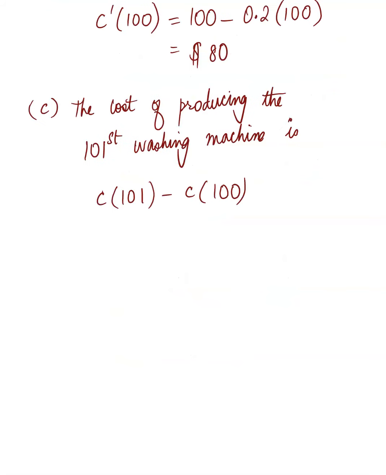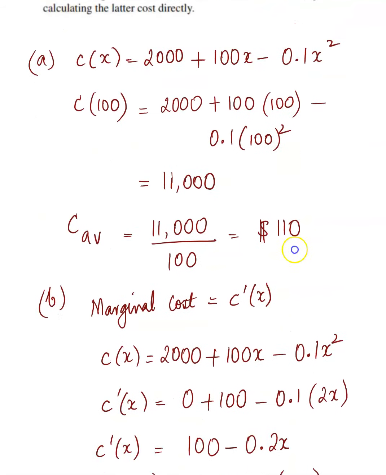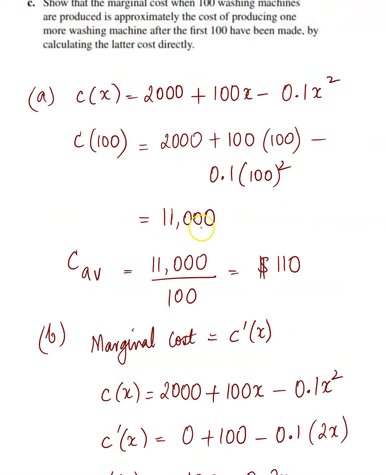When we compute this, plugging in x as 101, that computation gives us 11,079.90 minus the one we found earlier. You can see in part A, we found that to be 11,000.